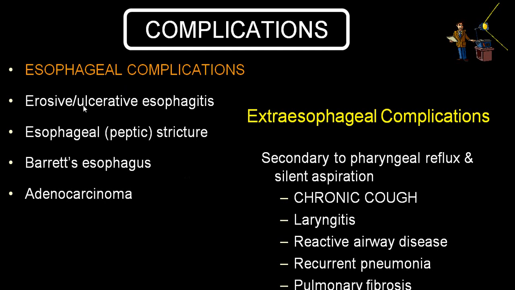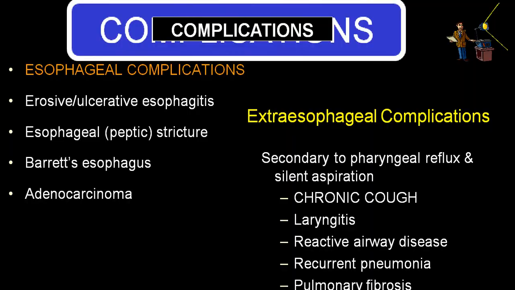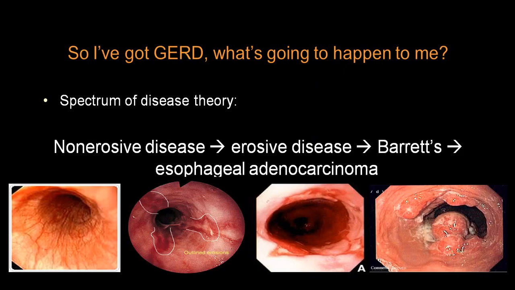And there are a lot of extra-esophageal complications in the form of chronic cough, laryngitis, reactive airway disease, recurrent pneumonia, pulmonary fibrosis, asthma, otitis, etc. So esophagitis, esophageal ulcer, Barrett esophagus, aspiration pneumonia, iron deficiency anemia, esophageal stricture, adenocarcinoma are the big list of complications.